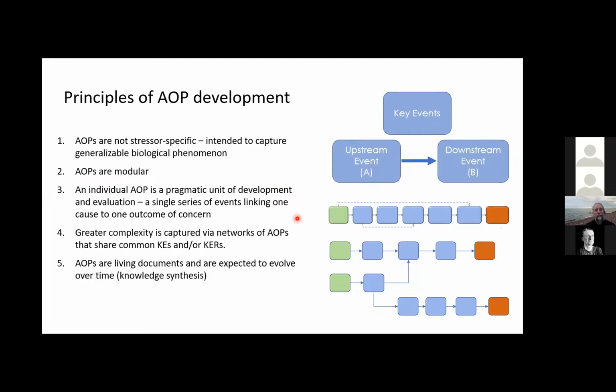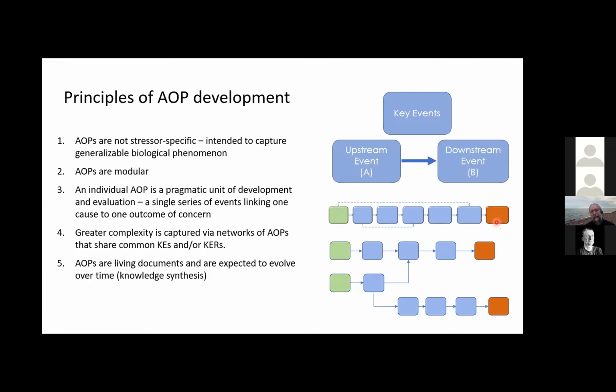The third principle is that an adverse outcome pathway, which basically is represented by a single series of events that link a particular initiating event, so where some stressor first causes a perturbation to the biological system, and the adverse outcome of concern.